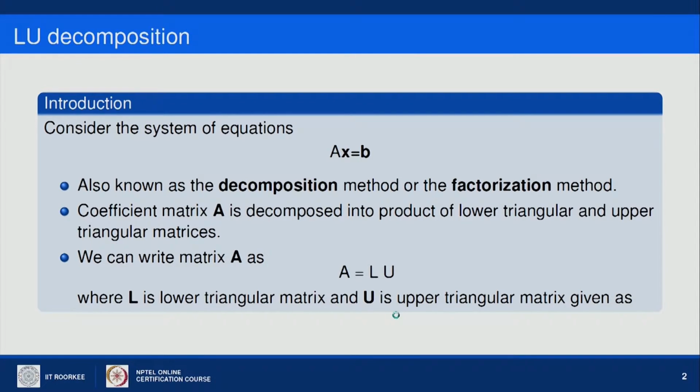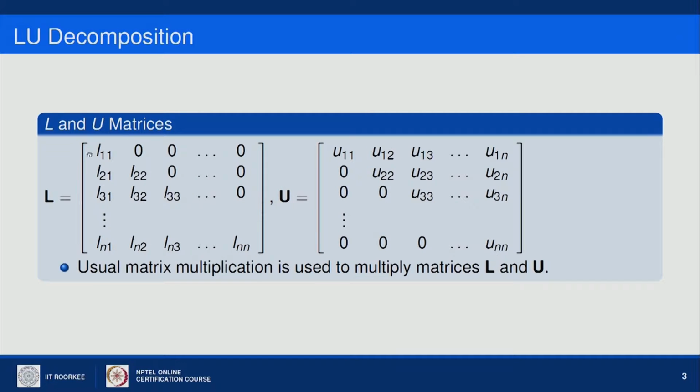These are n by n matrices. L is lower triangular because all the entries above the main diagonal are 0. Similarly, U is an upper triangular matrix, and here all the entries below the main diagonal are 0. We are using the usual matrix multiplication to multiply the matrices L and U.